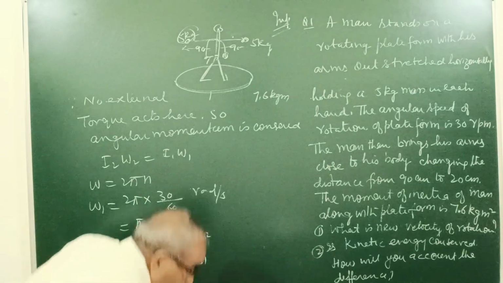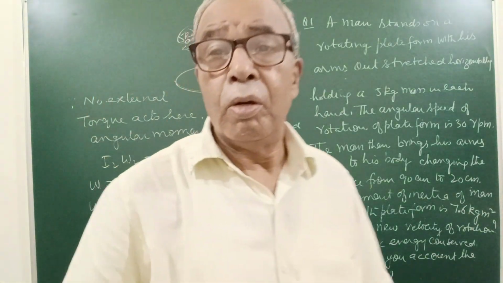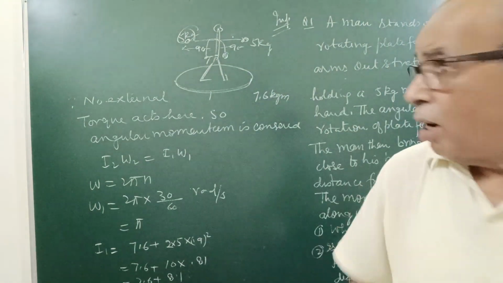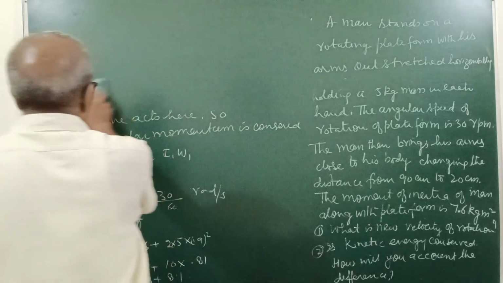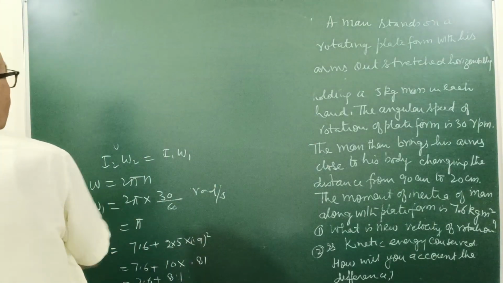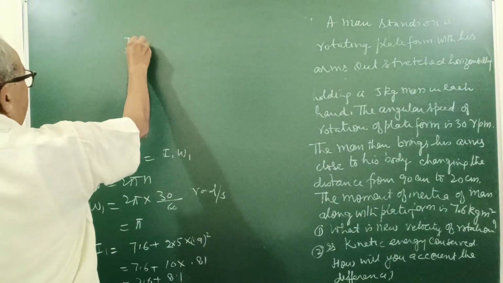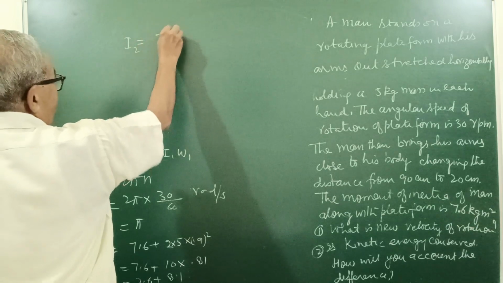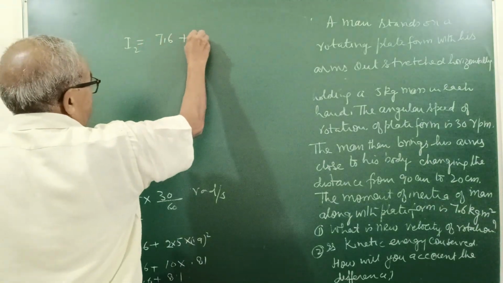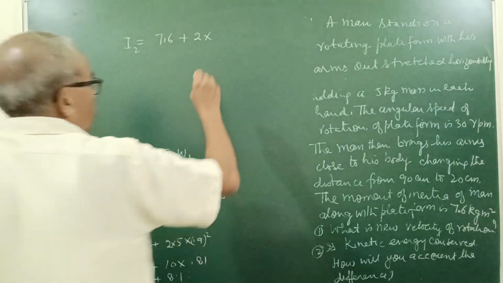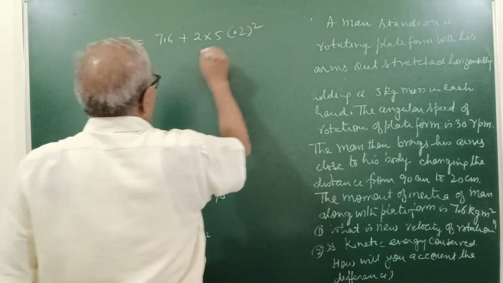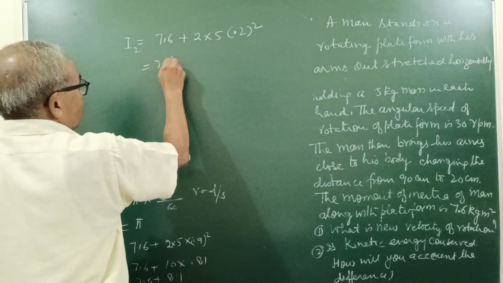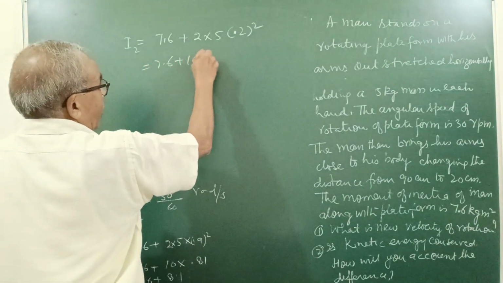Now what is I2? In fact for I2, 7.6 remains fixed, only the moment of inertia of the two masses varies, that is 0.2 square. It is 7.6 plus 10 into 0.2 square.